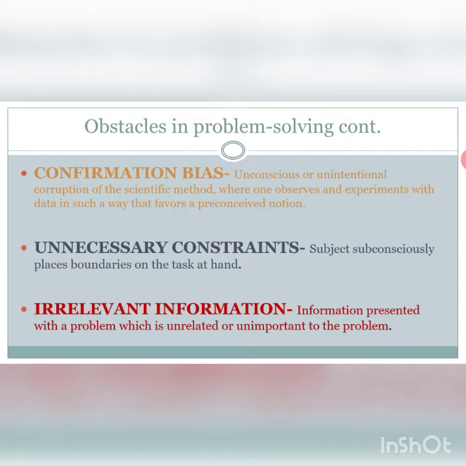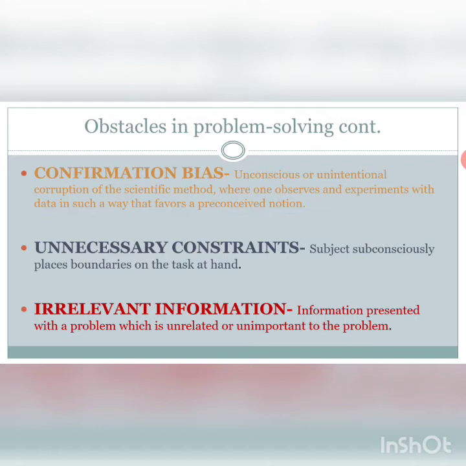For example, in a maths problem, maybe there is a figure given, 15% about a certain sample of a population, and that particular figure is actually not needed in the calculation, but you try to use that particular figure in your calculation and you hit a barrier, and therefore you fail to solve the problem.